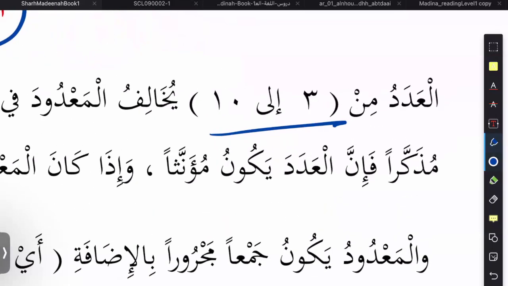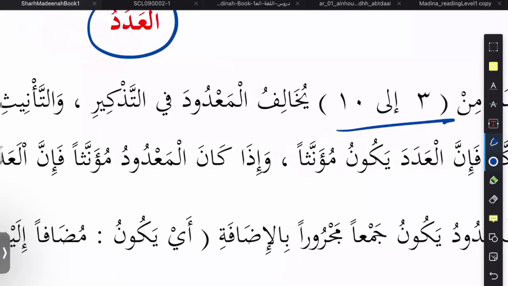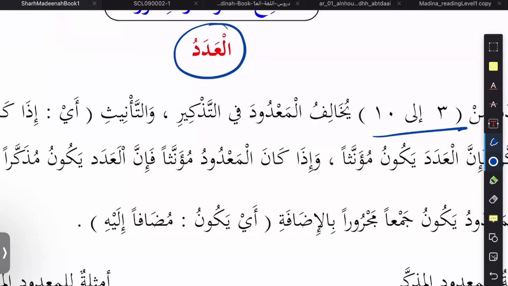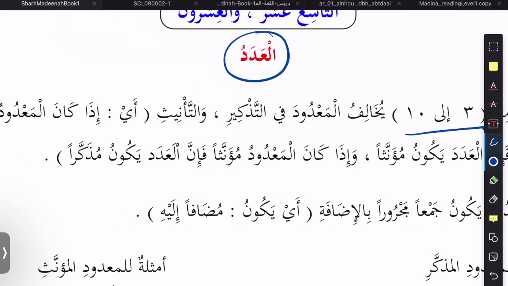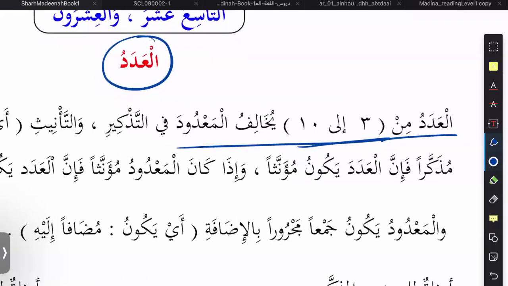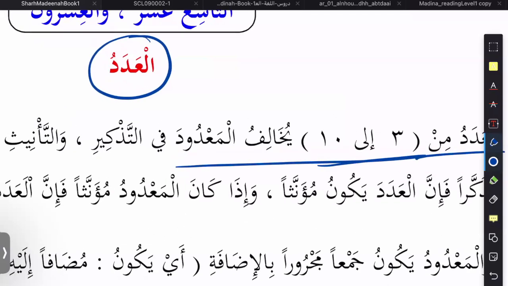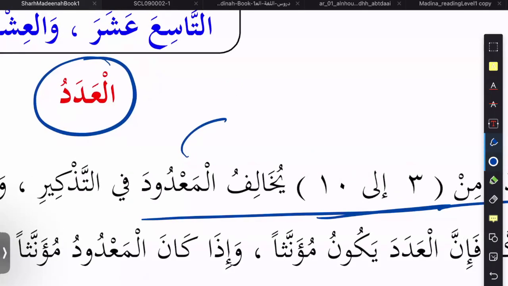So he's saying al-adad min thalatha ila ashara يخالف المعدود في التذكير والتأنيث. The first rule he gives us is very important. The number from 3 to 10 differs, يخالف, from al-ma'dud. What is ma'dud? The ma'dud is the tamiz, the one that you're describing. For example, you have 3 books.